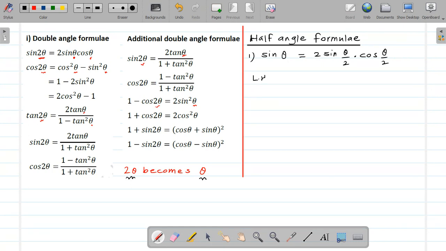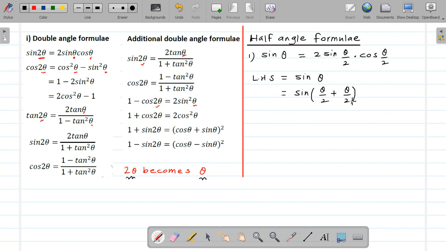If you want to study this independently, then you can prove this by the same technique that we have used for sin 2 theta. Now sin theta can be expressed as sin of theta by 2 plus theta by 2.